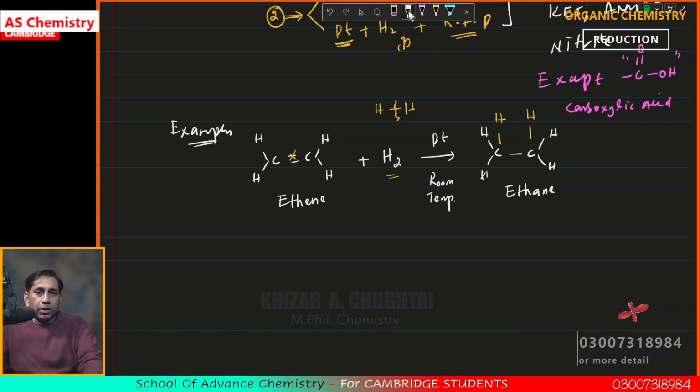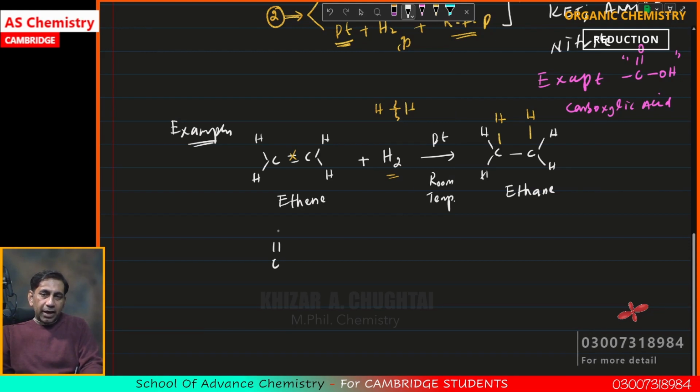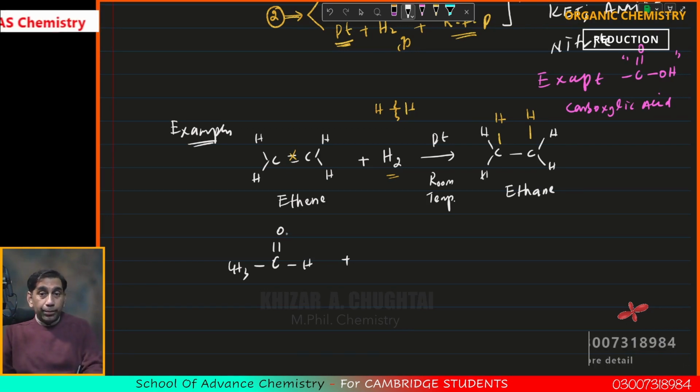Now, good. Now, the next example, I'm going to write it over here. That is aldehyde. This compound is said to be aldehyde. So, first of all, which part of this group is going to reduce? Which portion?